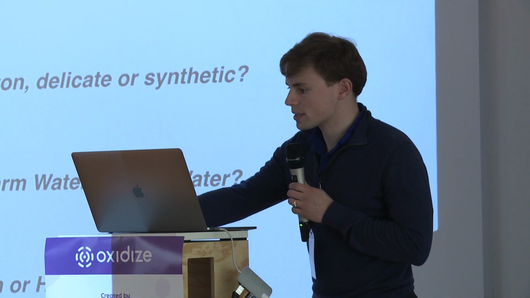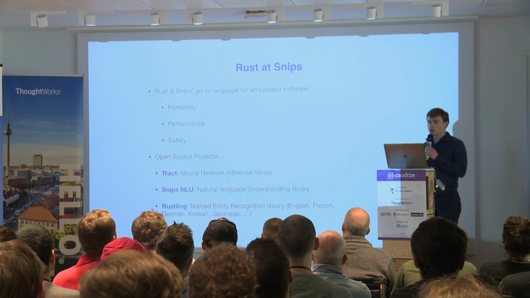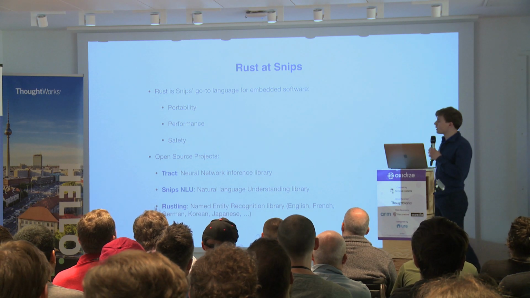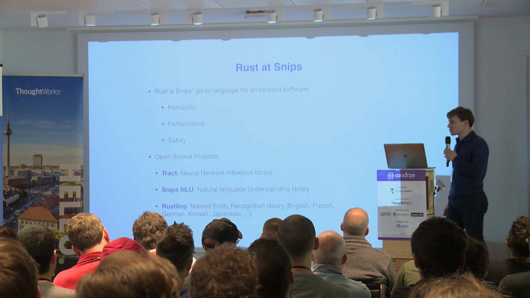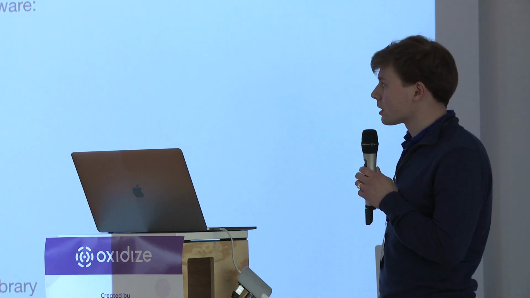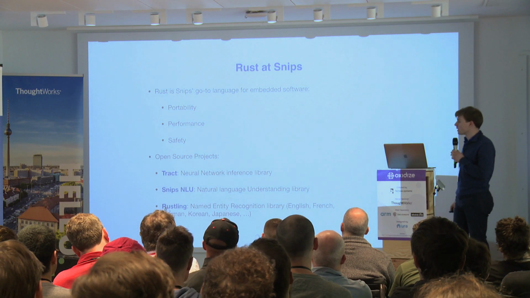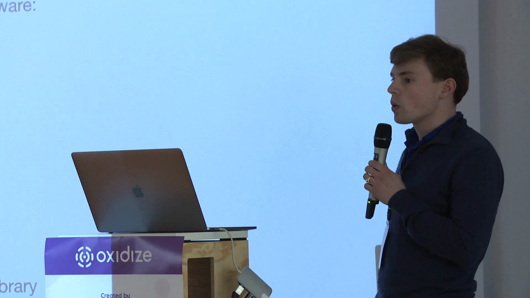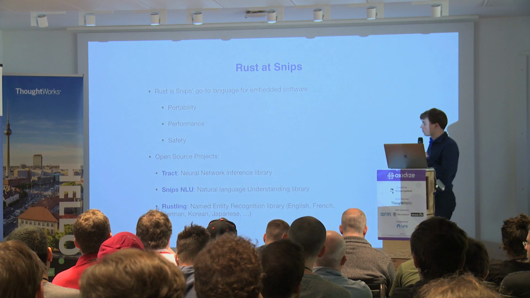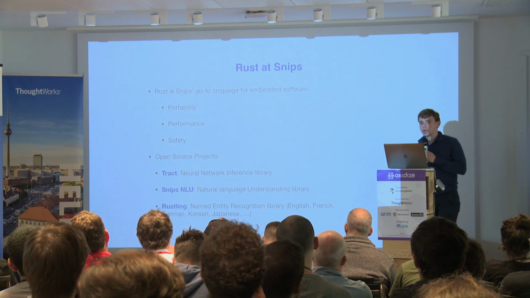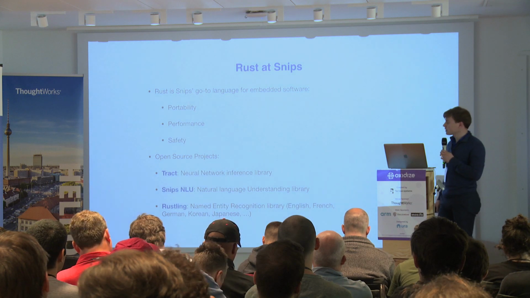So what about Rust at Snips? Rust is the main language for every piece of software we run on CPU and now also on MCU. We chose Rust because of cross-compilation, performance, and safety to go to production. We have a few projects that you can take a look at. Tract is fully written in Rust, a neural network inference engine.